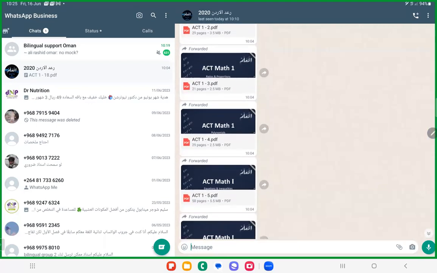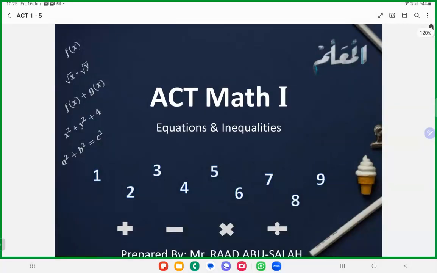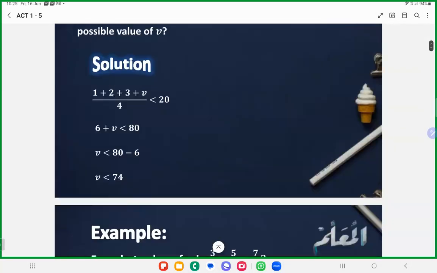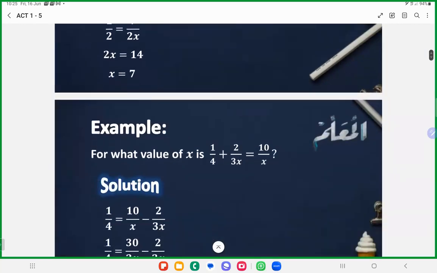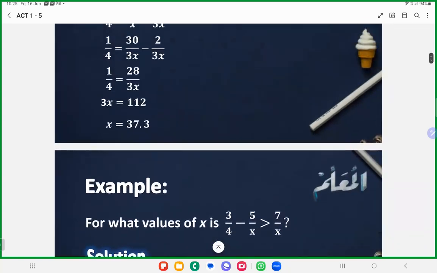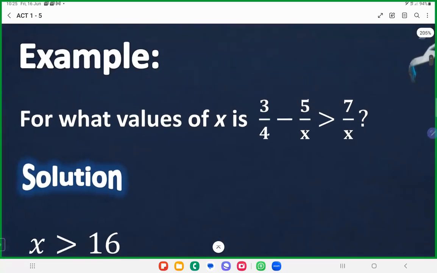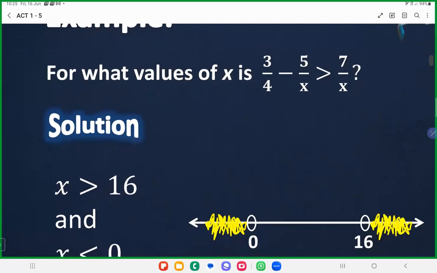Chapter 5. Equations and inequalities. This question in the inequality, okay, how to solve it?